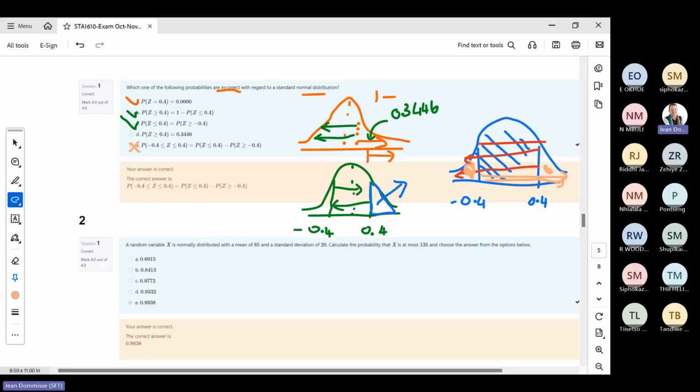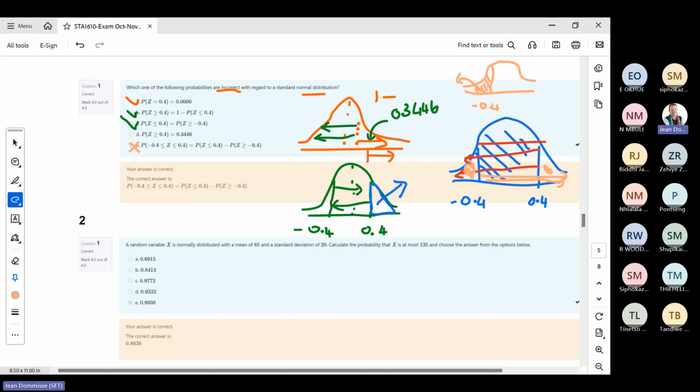First thing is, if you look at the negative Z table, you're looking at that component, minus 0.4. Remember symmetry: what happens on the one side happens on the other side, so you can use that.